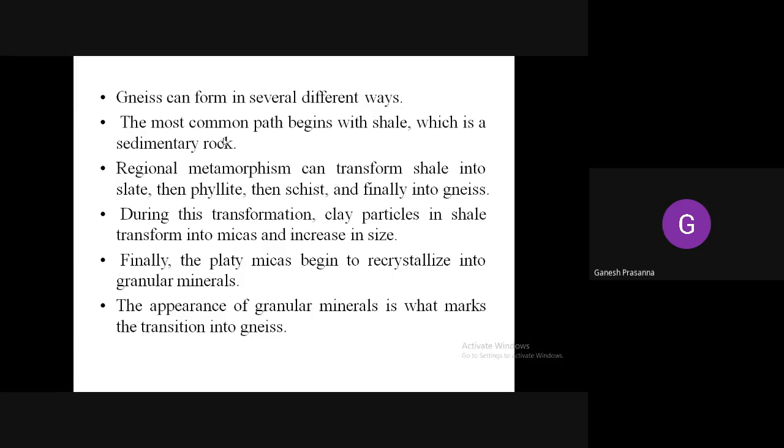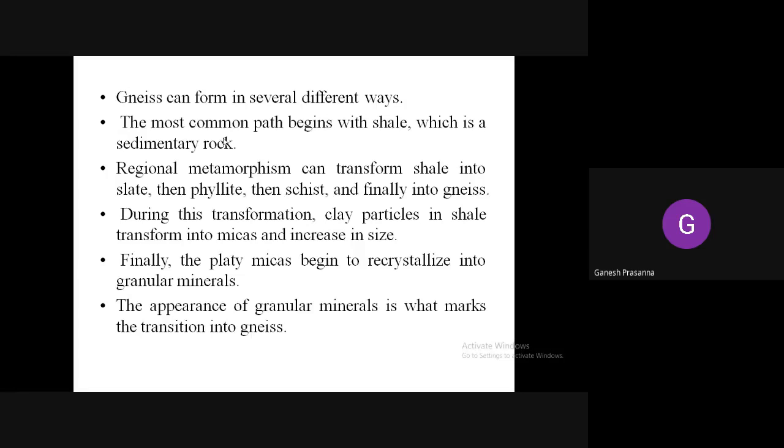The first step is the beginning with shale, which is a sedimentary rock. A small amount of metamorphism will change the shale into slate. Some pressure and temperature converts it into slate, the slate then converts into phyllite, and phyllite then into schist, and finally into gneiss.